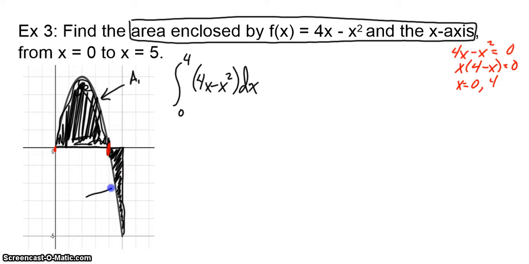How about this area down here? Oh, well, let's call it A2. But again, that's going to be from 4 to 5, because we're going up to only up to 5. But we don't want this function again, because that's not under. That's actually over.